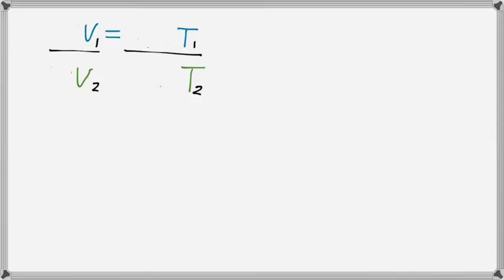So what I have there is just a rearranged form of Charles' law. If I take this value and put it in the numerator on that side, take this value, put it in the denominator on that side, I end up with V1 over T1 equals V2 over T2.